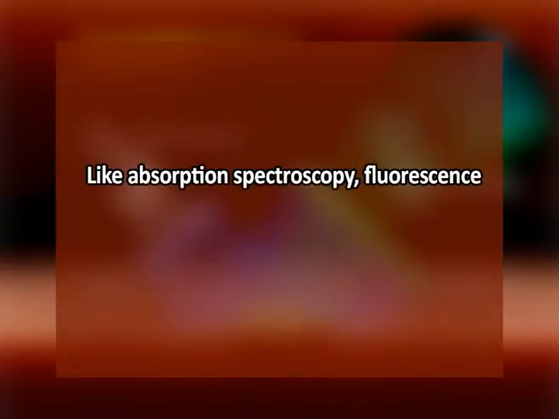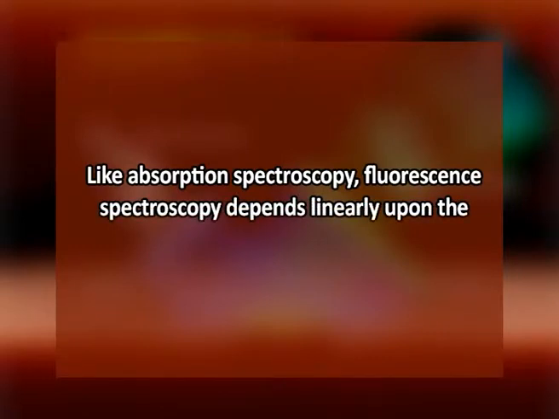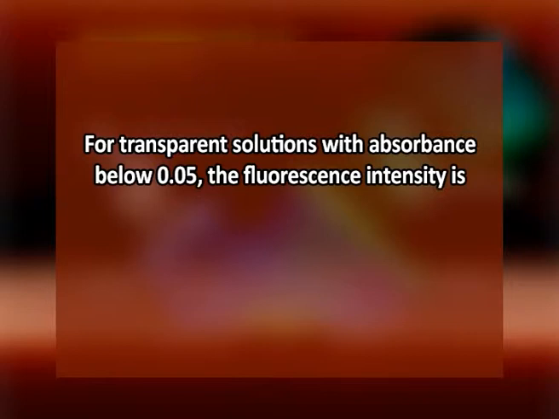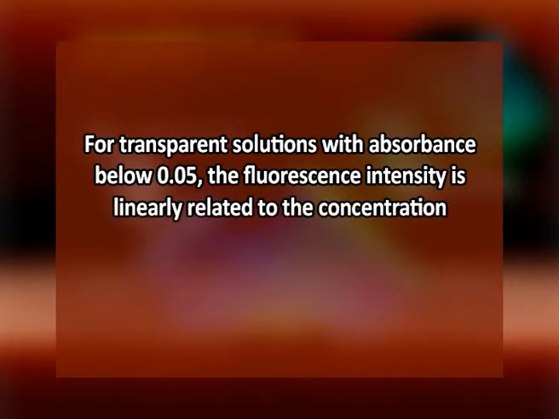Furthermore, like absorption spectroscopy, fluorescence spectroscopy depends linearly upon the concentration. It has to be within a certain concentration range in order to avoid artifacts such as quenching and inner filter effects. For transparent solutions with absorption below 0.05, the fluorescence intensity is linearly related to the concentration of the fluorophore.